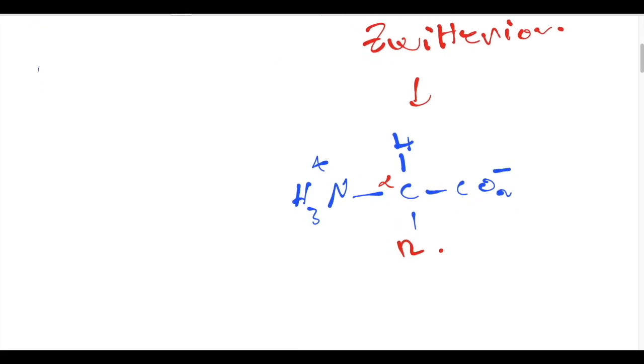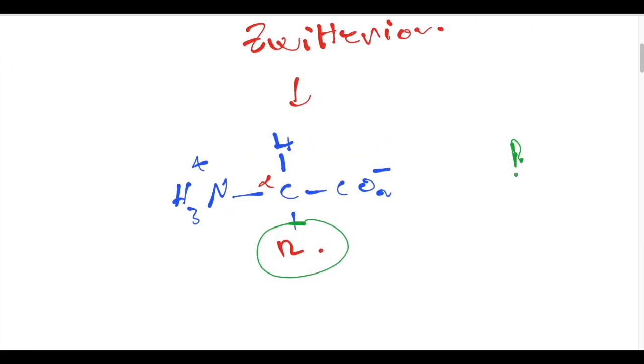Also, we can see here that we have a side chain, an R side chain. According to this side chain, the type of the side chain has a profound effect on the biological activity of the molecules or the macromolecules that are composed of amino acids, such as proteins. So, proteins are composed mainly of amino acids.